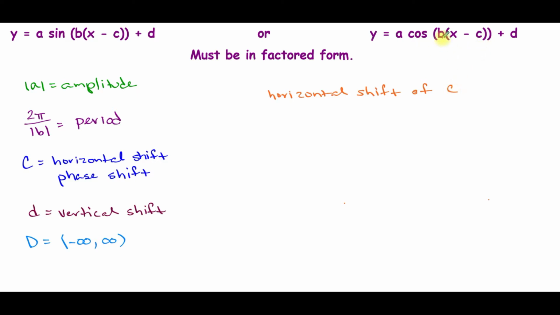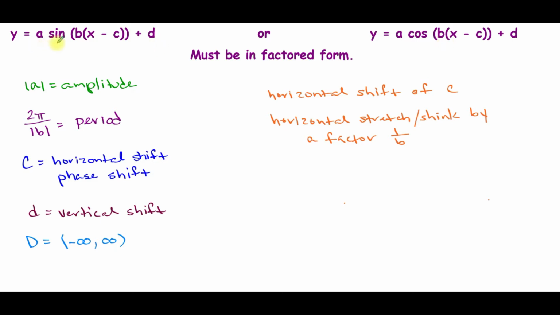So remember, this is going to be my horizontal stretch or shrink by a factor of 1 over b. So remember, we have to take the reciprocal there. So we change the sign for the c, we take the reciprocal on the b.